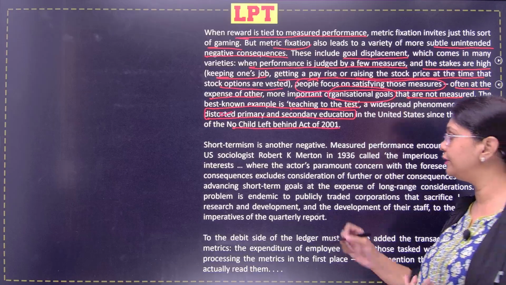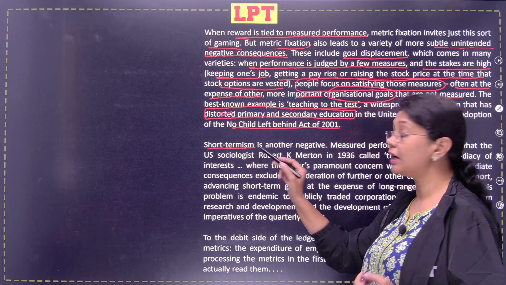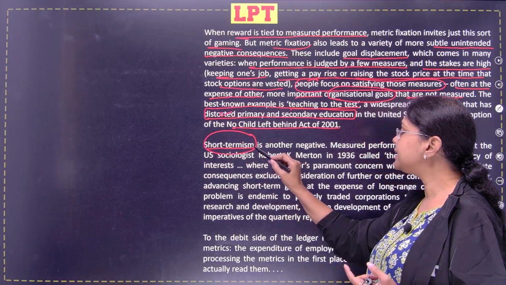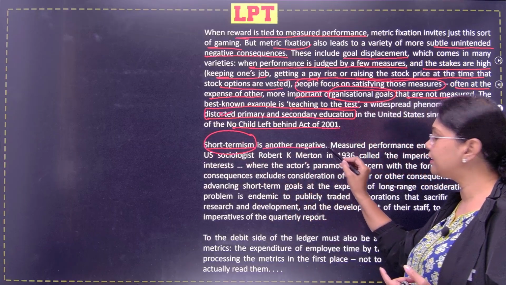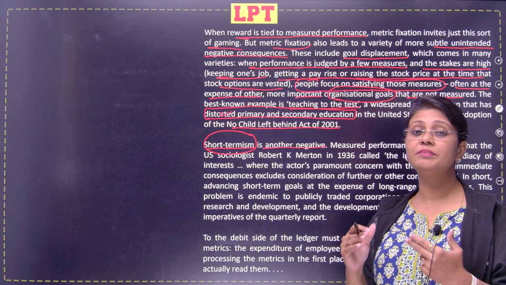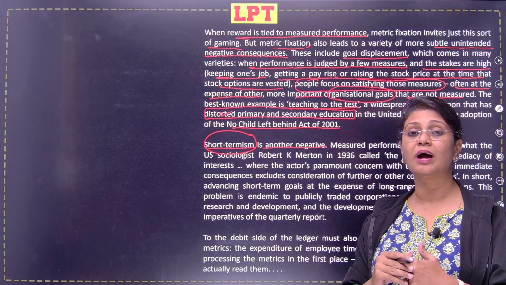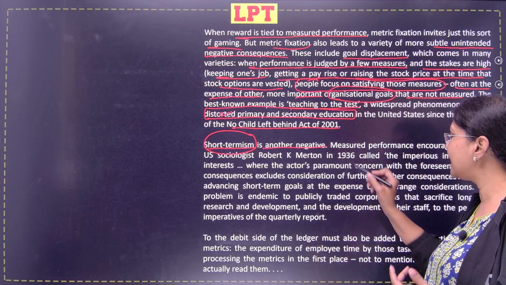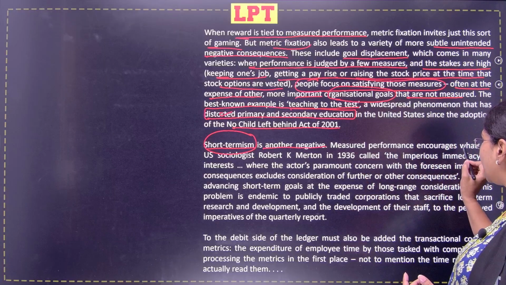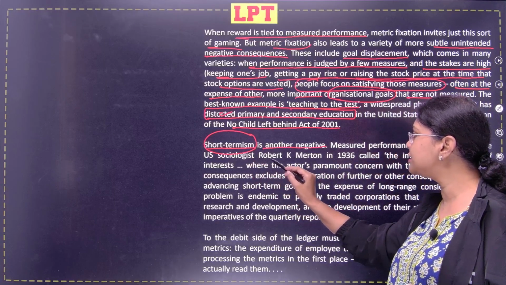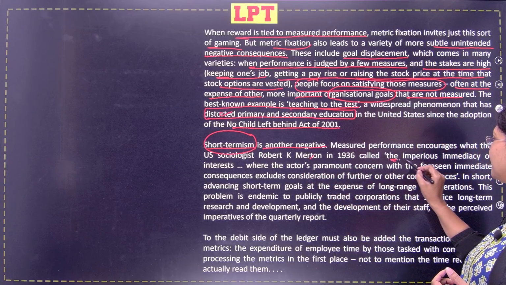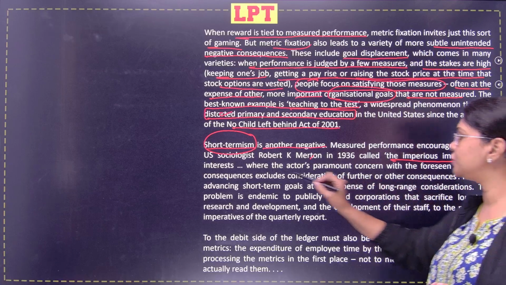Let us read further. Short-termism. This is important to mention here. It says short-termism is another negative, so the list of negatives does not stop here. The author mentions one more. It says measured performance encourages what the US sociologist Robert K. Merton in 1936 called the imperious immediacy of interest.